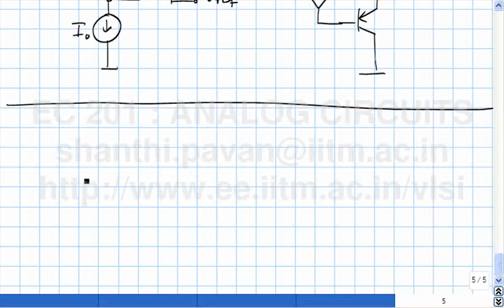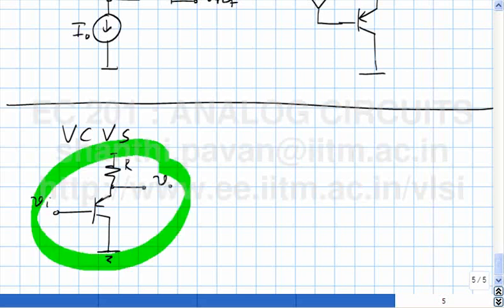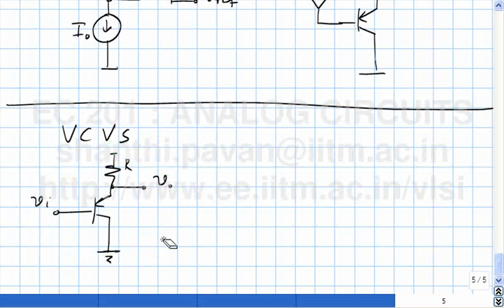And the first one is the voltage controlled voltage source with a gain of 1, and the incremental picture is this. So this is VI, this is VO. What is this? This is the common collector amplifier done with a PNP transistor.